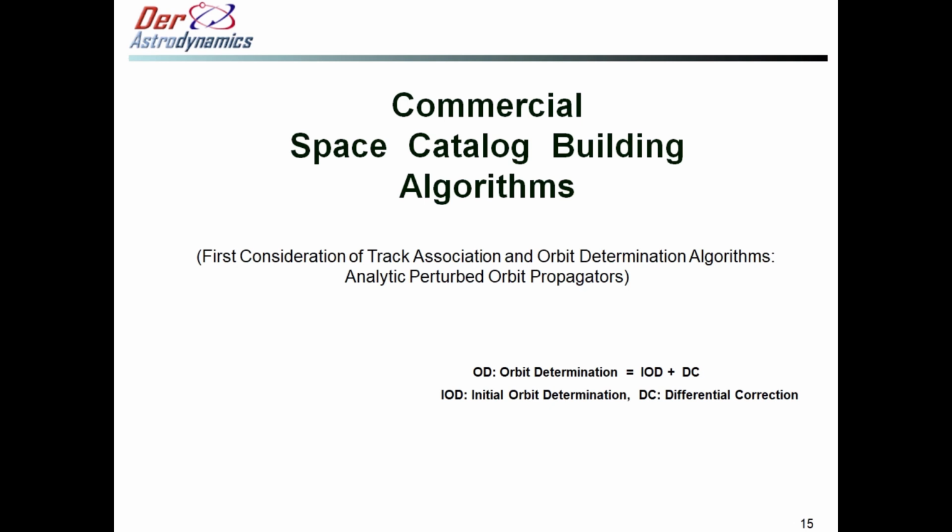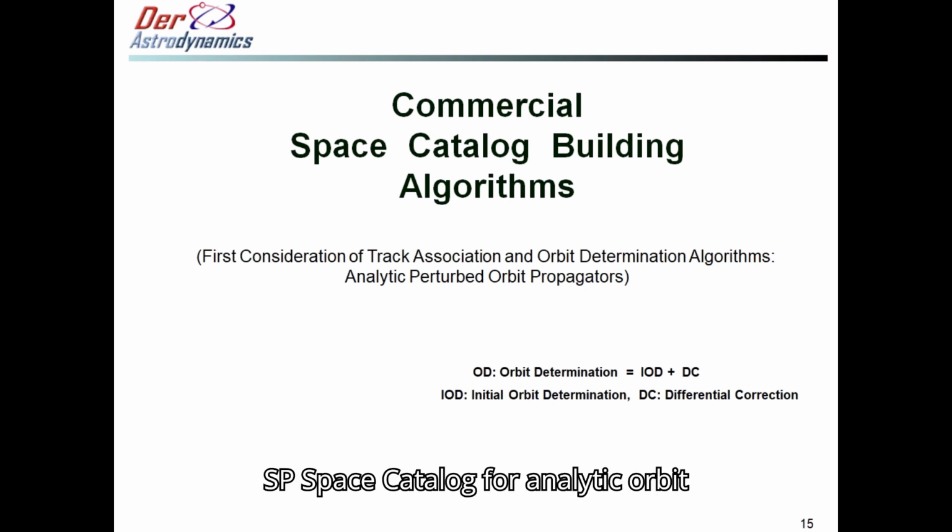On the other hand, the analytic SP Winty method improves efficiency by directly using the accurate state vectors in the SP space catalog for analytic orbit propagation in track association, UCT processing, conjunction and collision analysis, prediction for future pointing, among others.